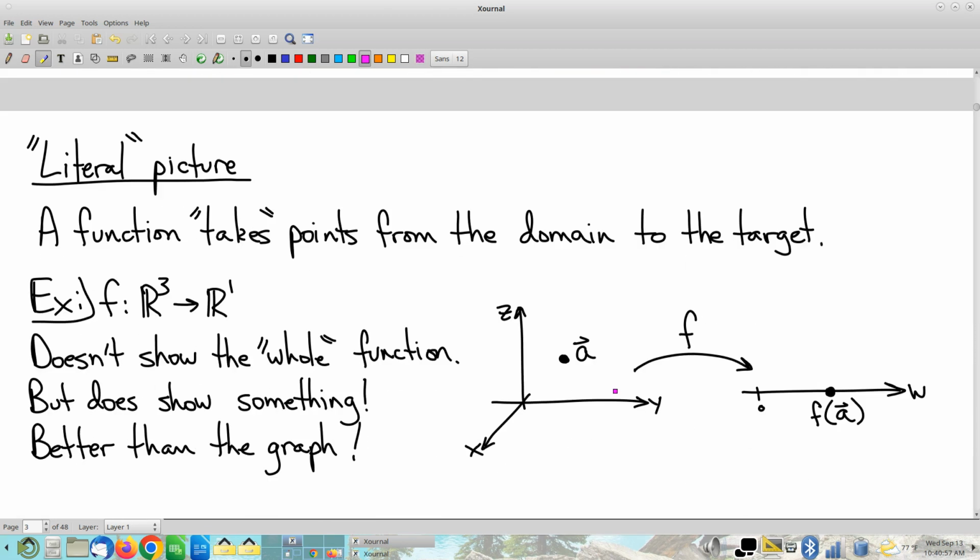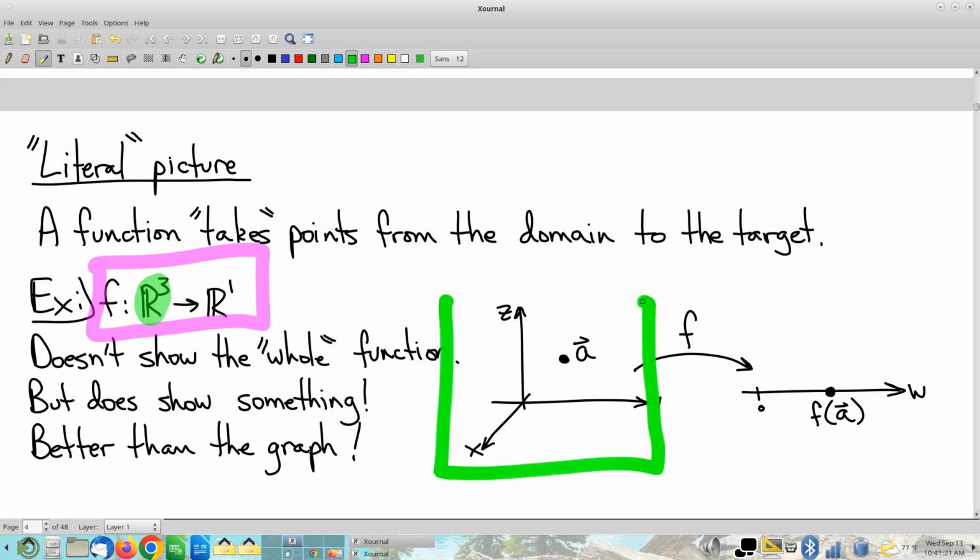I like to call this one the literal picture. I have to admit, I don't recall ever seeing an actual name for this. I think the literal picture is a pretty reasonable way to describe this, because if you have a multivariable function, keep in mind the multivariable function has three parts. There's the domain, the world that the inputs come from, and check it out, I am literally drawing that domain, R3, right?